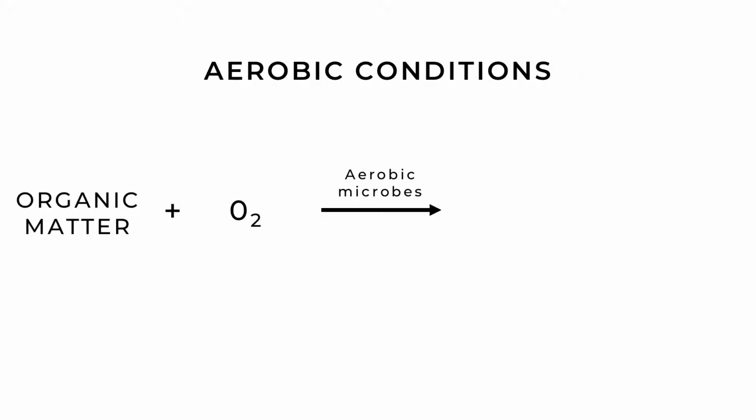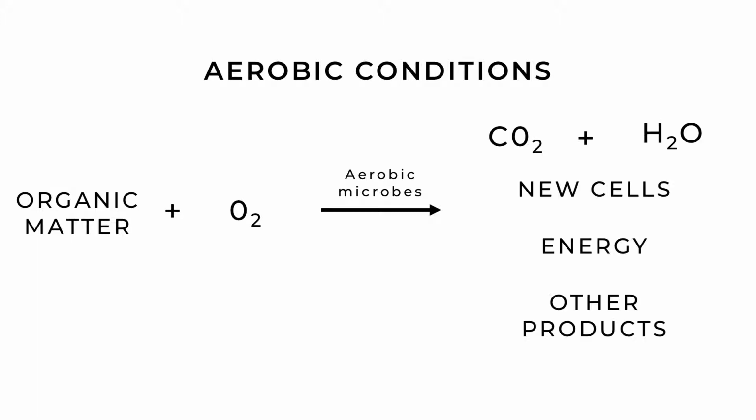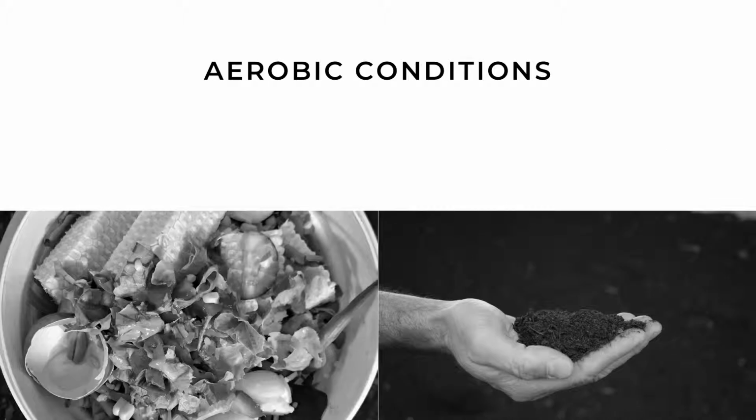Under aerobic conditions, the microorganisms access free gaseous oxygen directly from the surrounding atmosphere. The end products are primarily carbon dioxide, water, new cells, and energy. This is the case with composting, when the input material is organic waste and the resulting product is compost.